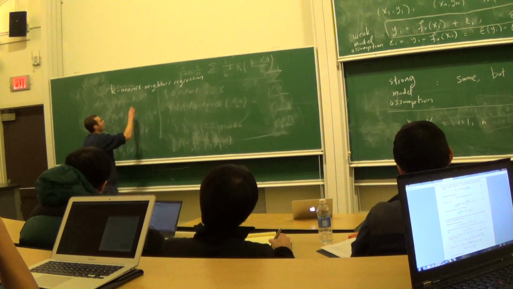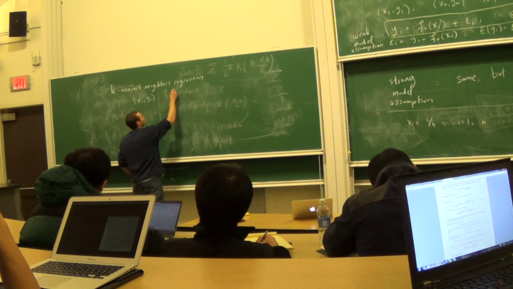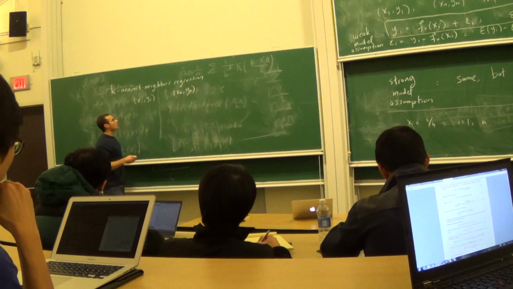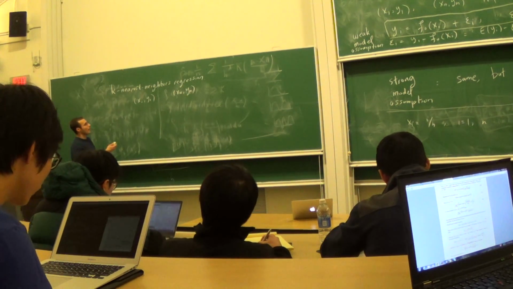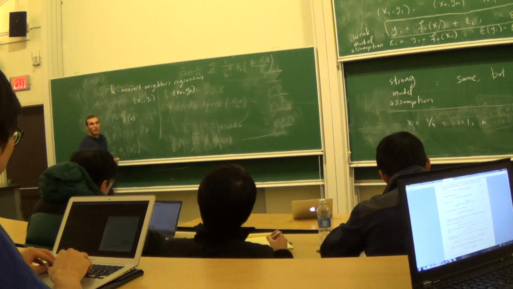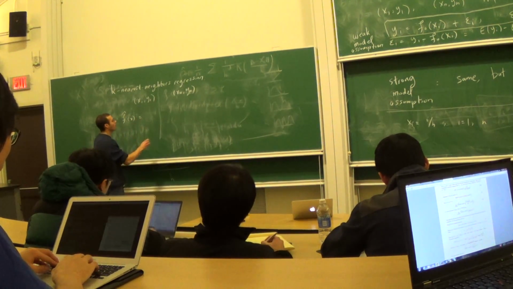And so, from this sample x_1, y_1 to x_n, y_n, I just estimate this function f hat. You give me any input point x, I'll return to you the following fitted value.